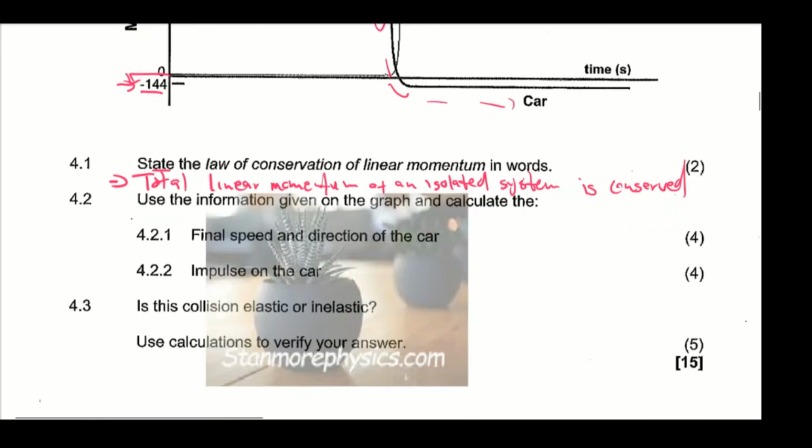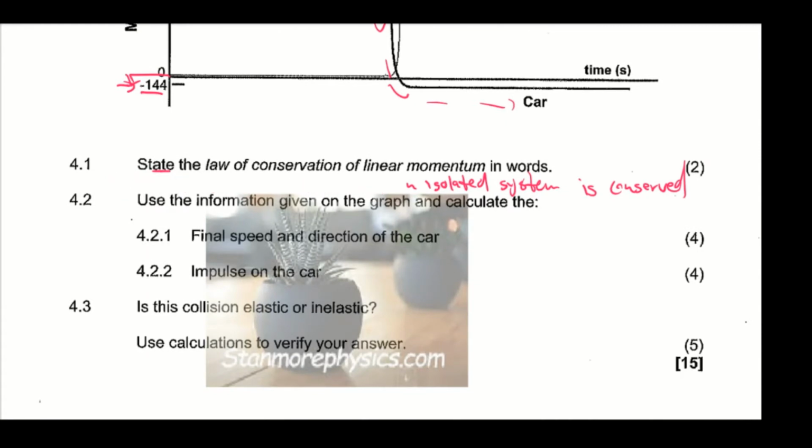Now let's go to question 4.2. It says to use the information given in the graph and calculate the following. In 4.2.1, we are asked to find the speed and direction of the car.